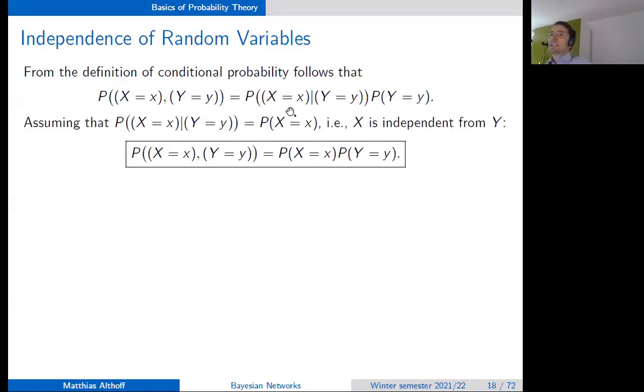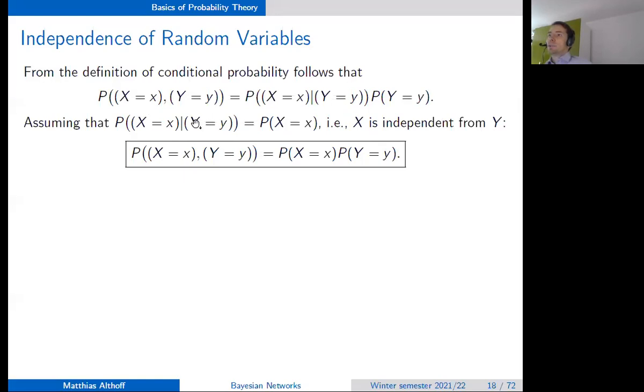Now what we can do is assume that the probability of x has nothing to do with what value y has. That means that x is independent. So the random variable x is independent from the random variable y.